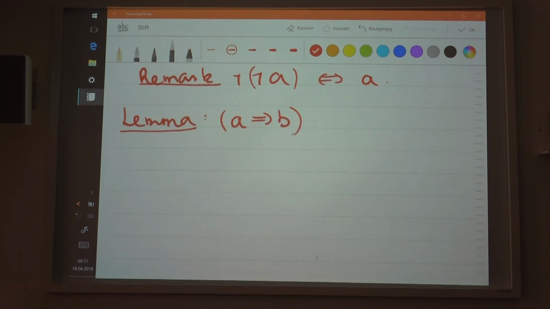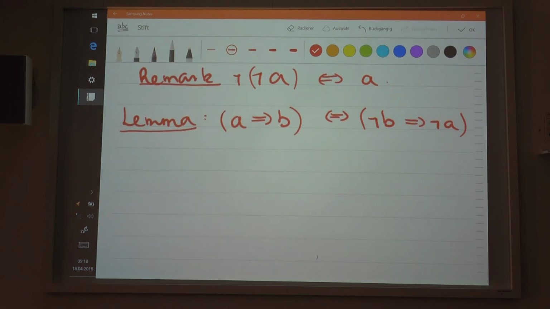The implication A implies B is true if and only if the following statement is true: not B implies not A. So A implies B if and only if not B implies not A. So for instance, suppose that you want to show that statement A implies B, you can do this by showing that not B implies not A.